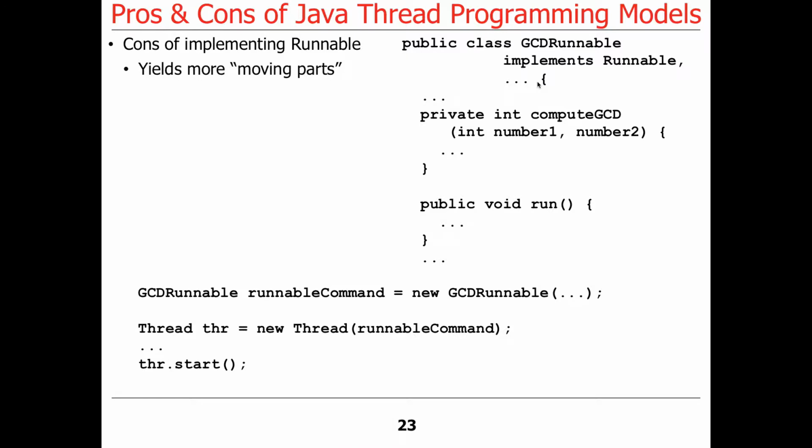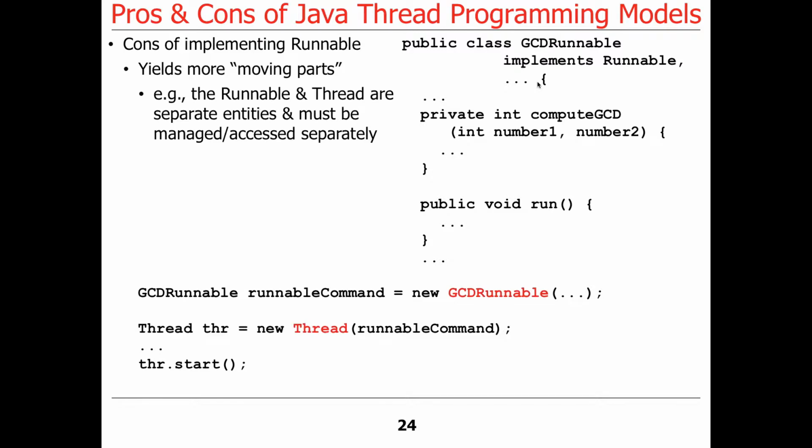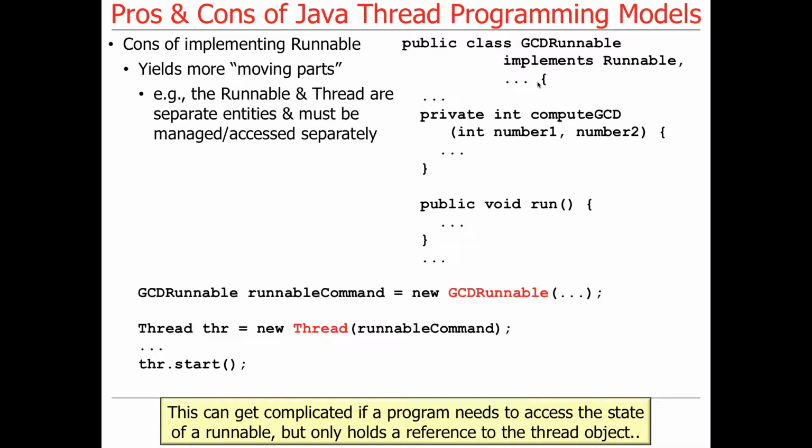The downside or con of using Runnable, however, is that there are more moving parts involved. In particular, you've got Runnables and you've got threads or executor services or whatever, and these things are split now. We've got multiple things. And this can get more complicated if a program needs to access the state of a Runnable, but it only holds a reference to the thread object.